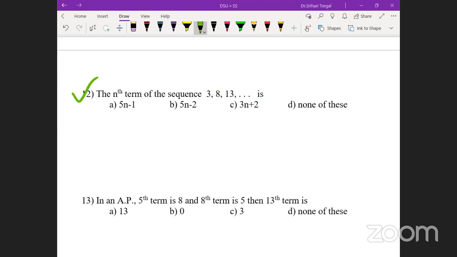Yeah, very good. The difference is 5, right? 5n. What is 3 minus 5? Minus 2. That's it. Right? Very good shortcut, right? You can write it directly.